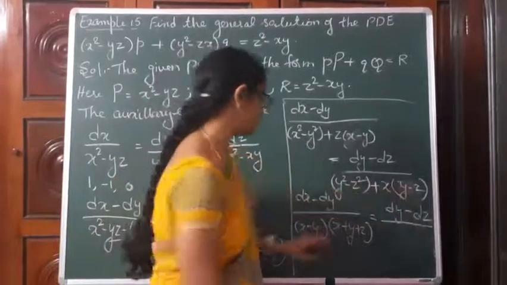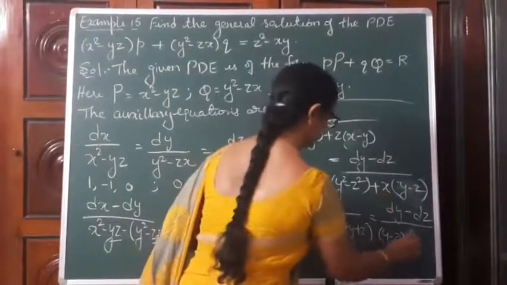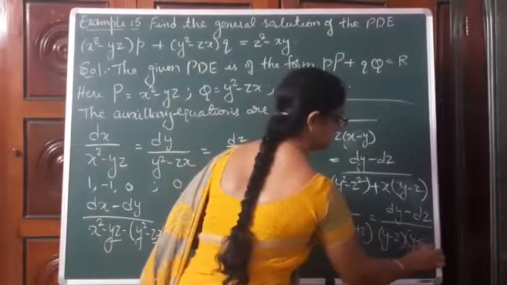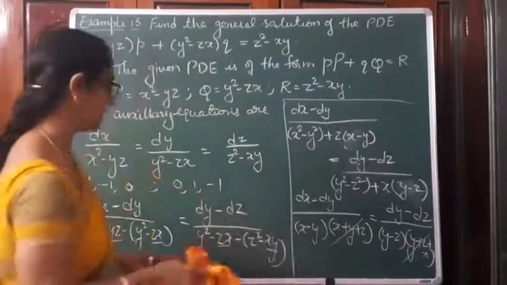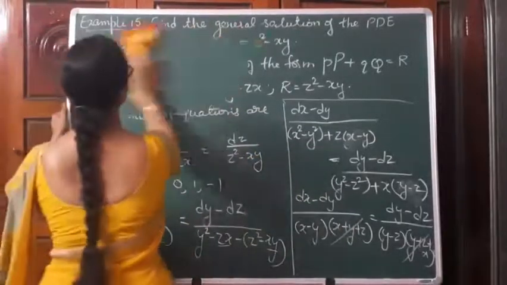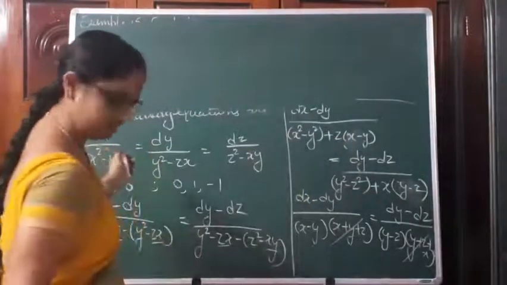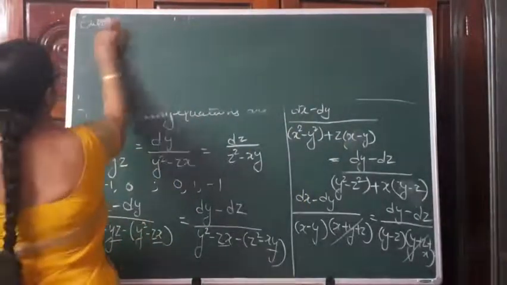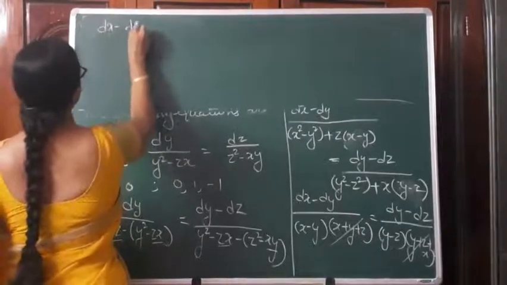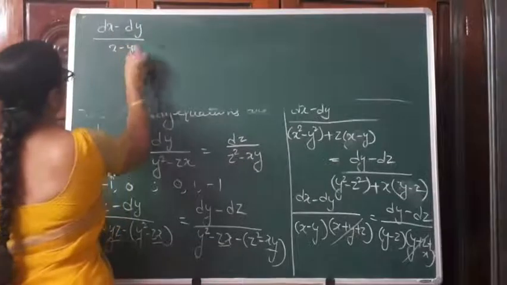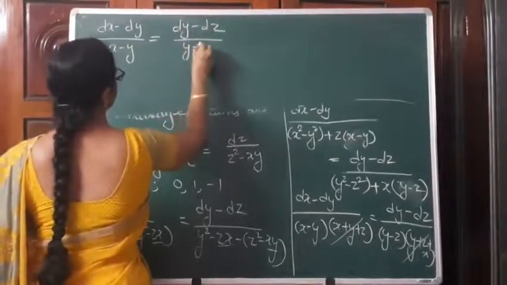Y minus z is taken common, and we are left with y plus z plus x. This x plus y plus z cancels, and we have dx minus dy by x minus y is equal to dy minus dz by y minus z.